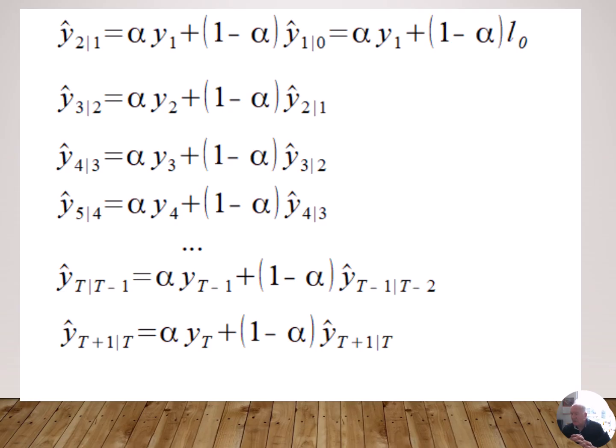And if we look for 3, the value at 3 is equal to alpha times the value at 2, plus 1 minus alpha times the predicted value from 2, and so forth and so on. So what we end up with is y at t plus 1, evaluated from t, is going to be equal to alpha y t, plus 1 minus alpha times the predicted value at t.